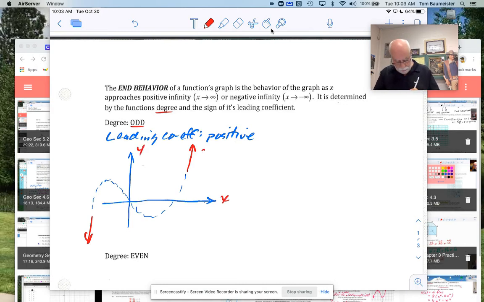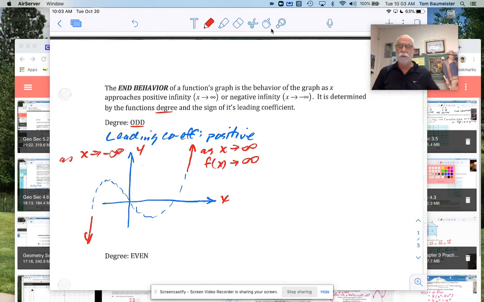As x goes to positive infinity here, what does f of x, or your y value, go to? F of x is also going to positive infinity. If we look on this side here, as x goes to negative infinity, remember, we're going this way.